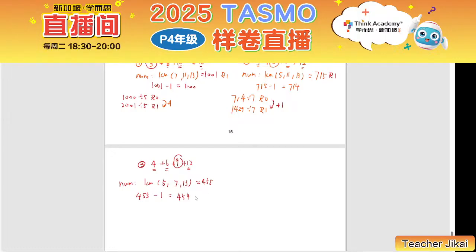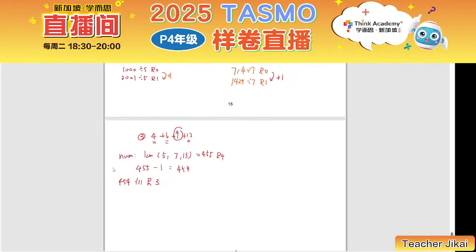So 455 divided by 11 here is R4. So 454 first divide by 11, right? Examine, you know the remainder is 3, not 9, so not good. And then you plus 455, so it is 909 divided by 11, remainder 7. Or you can just plus a 4 here, the same, right?